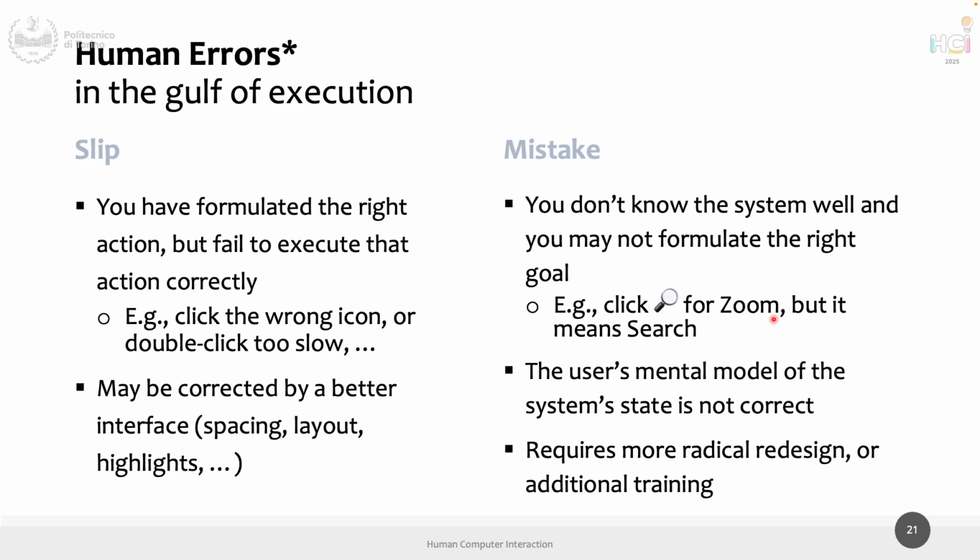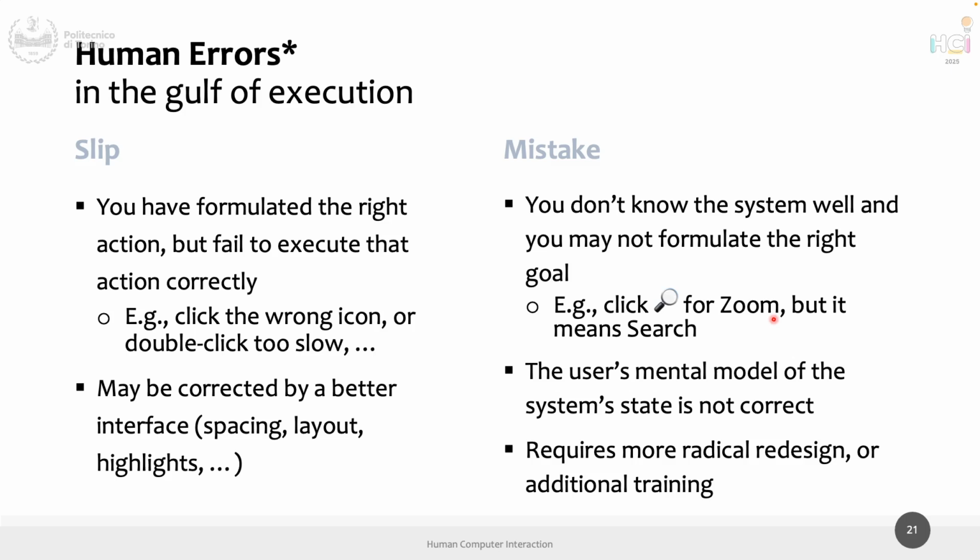Human errors, which are never about humans, can happen in the goal execution of 2 kinds. One are slips, and the other one are mistakes. Slips are, I have formulated the right action, but failed to execute it. I need to double click an icon, but I'm clicking too slowly.